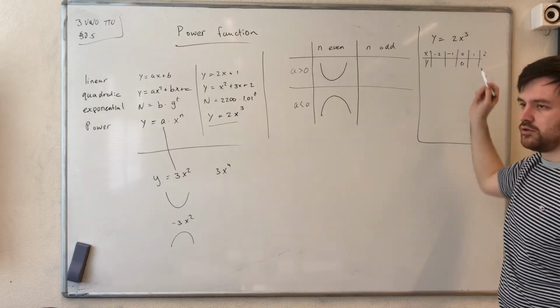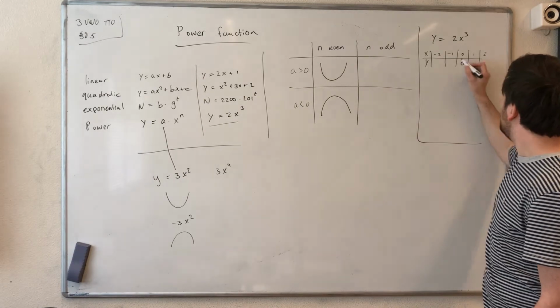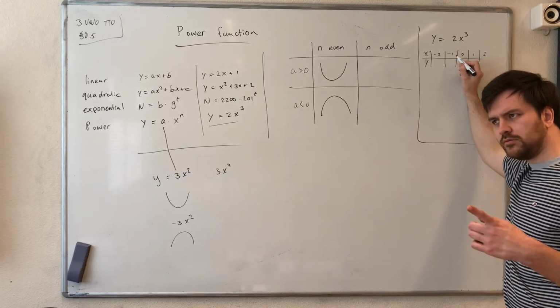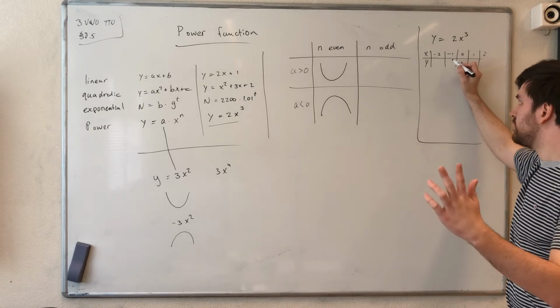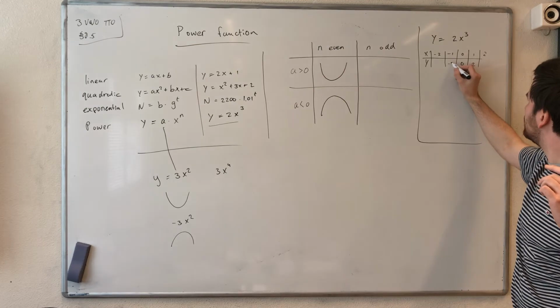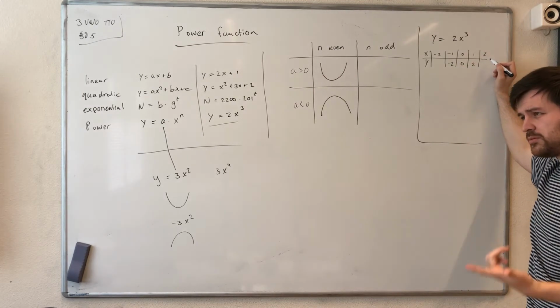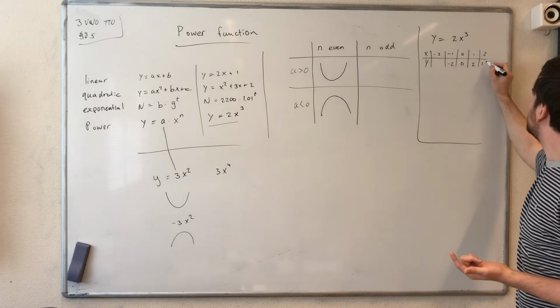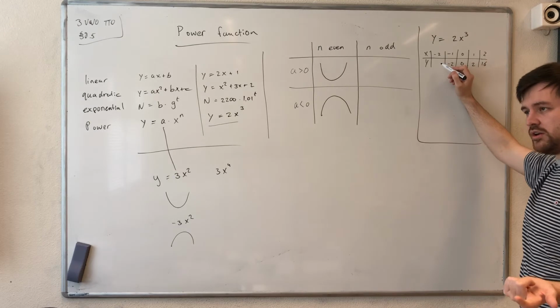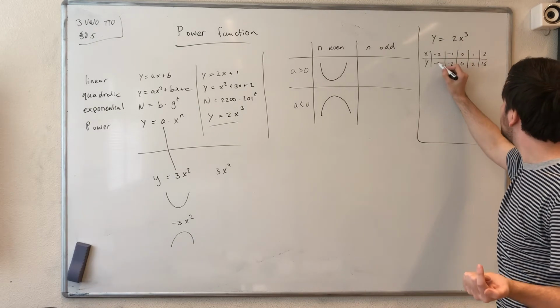If we fill in 1, it's 1 times 1 times 1, which is 1, 2 times 1 is 2. What if we fill in minus 1? Minus 1 times minus 1 is just 1, times minus 1 is negative, so minus 2. For the positive 2, 2 times 2 times 2 is 8, times 2 is 16. Minus 2 times minus 2 is 4, times minus 2 is minus 8, times 2 is minus 16.